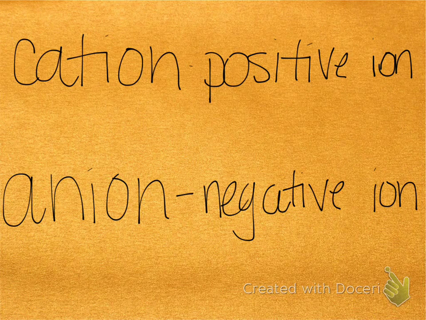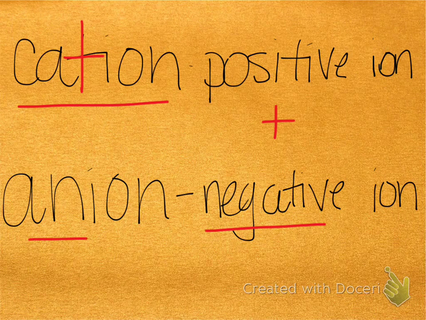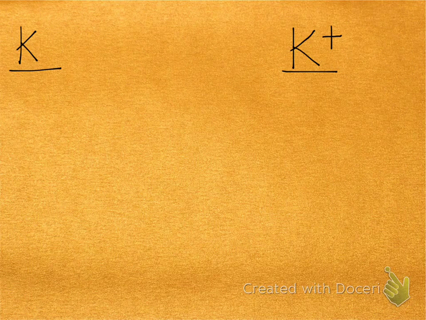So one way that I've always remembered this is when you think positive, I usually think a plus sign. Look at that T. That's your plus sign. Okay? So a positive ion is a cation. A negative is an anion. If you remember just the plus with the positive and that T, then you know the other one by default.